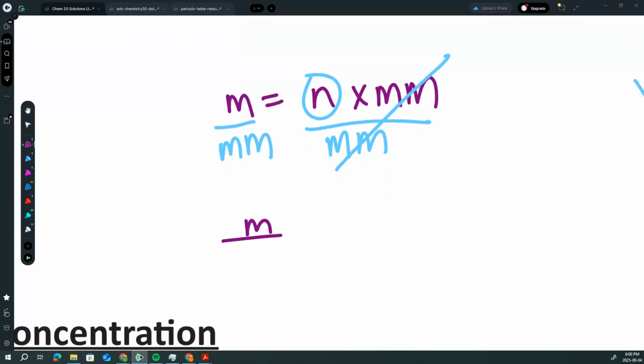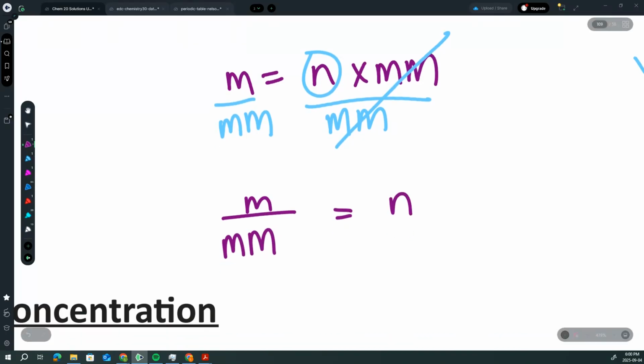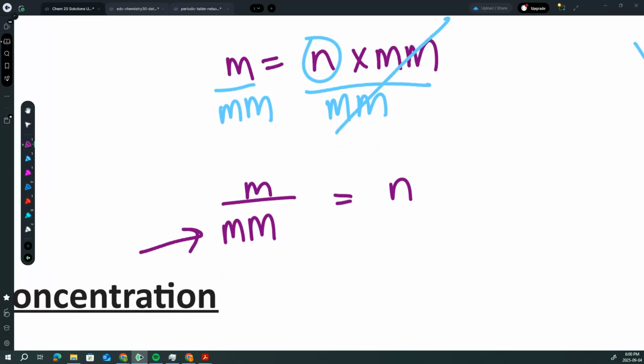So mass divided by molar mass is going to be equal to moles. I highly recommend that you use two capital M's to represent molar mass. Otherwise, if you just use one, it gets very confusing differentiating mass and molar mass, because a capital M and a little m look very similar, as you can see from my writing here.